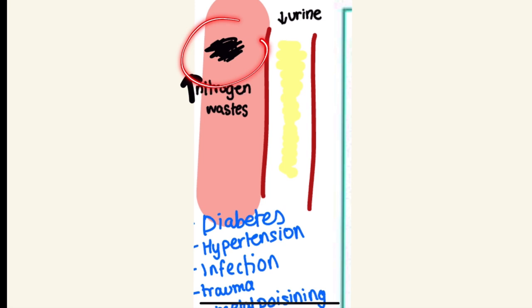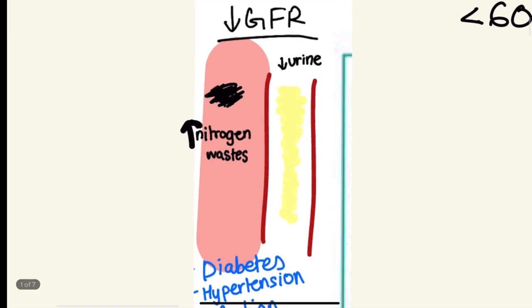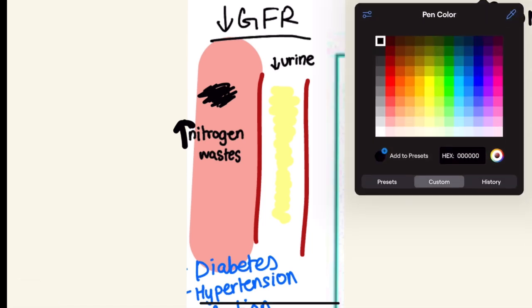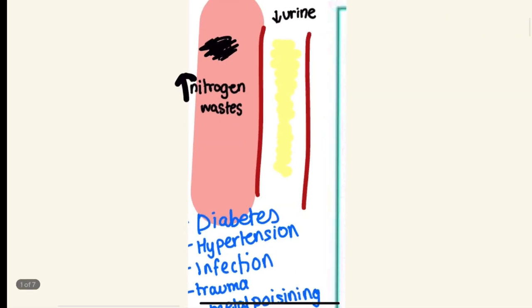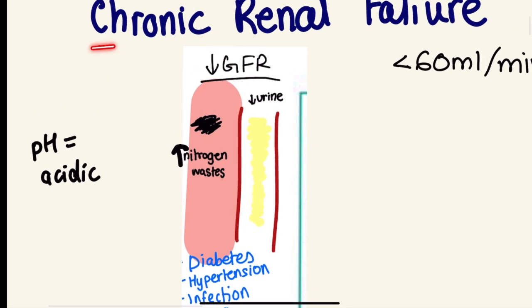And what happens to the pH? The pH is going to become more acidic. Let's write that down: the pH is going to become more acidic in chronic renal failure, which makes sense, right?